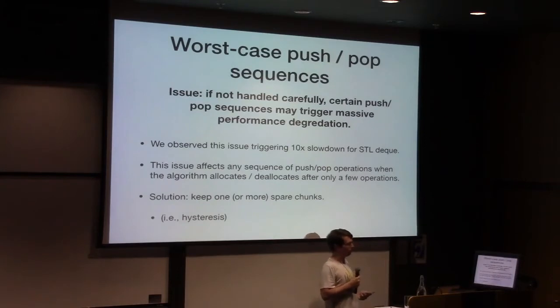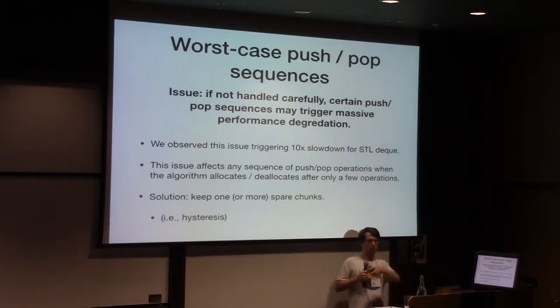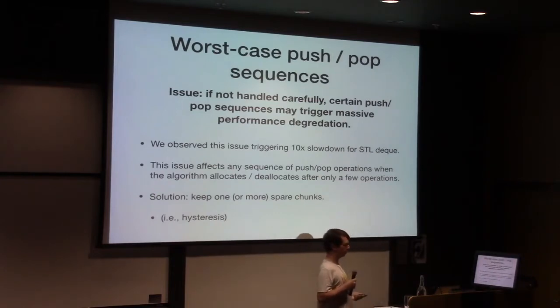What we found is that the structure wasn't properly or carefully amortizing all of the expensive operations, which is allocating and deallocating chunks. If you craft the right push-pop sequence, you could make it 10 times slower than it is on average. And actually there's a spectrum of bad sequences, so it's not just this worst-case sequence, it pervades similar sequences. The solution, though, is really simple.